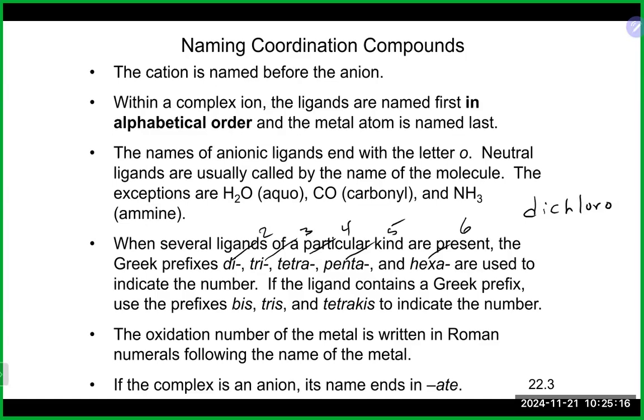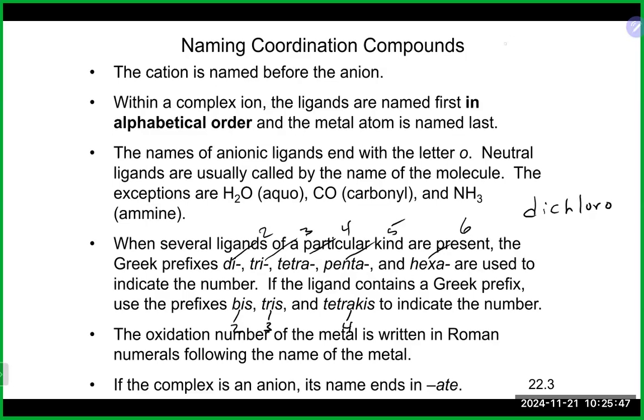Now, to complicate things sometimes, if the ligand itself already has a prefix in its name, then if you have multiples of that ligand, you don't use di, tri, and so on. You use bis for 2, tris for 3, tetrakis for 4. So if it already contains a prefix in its name, you use these.